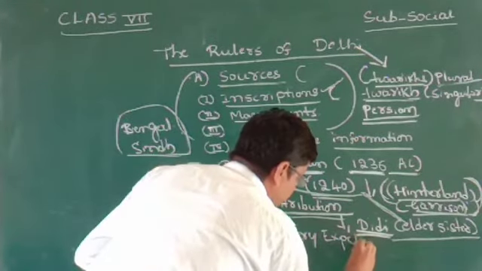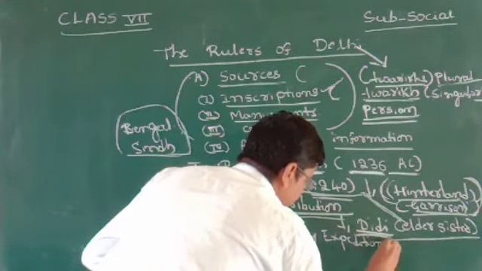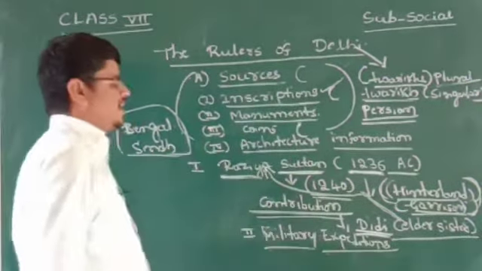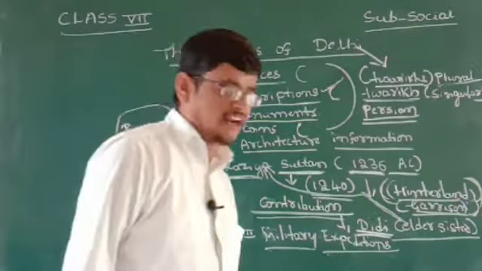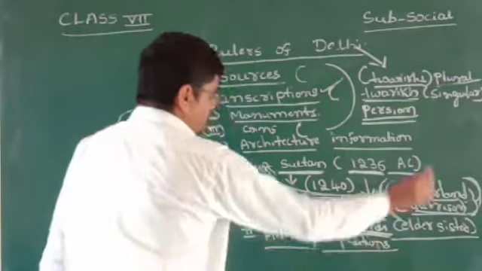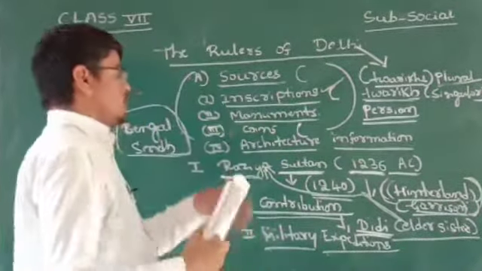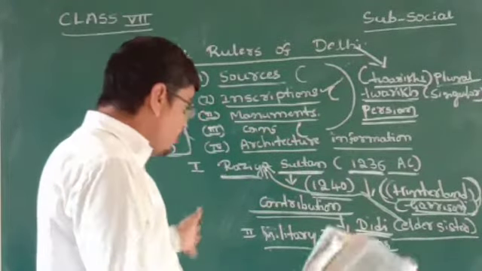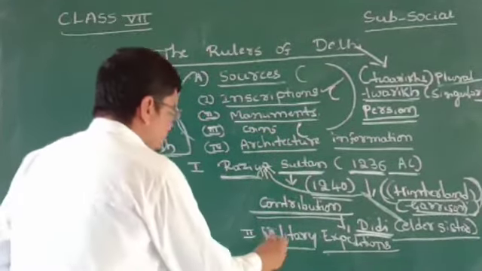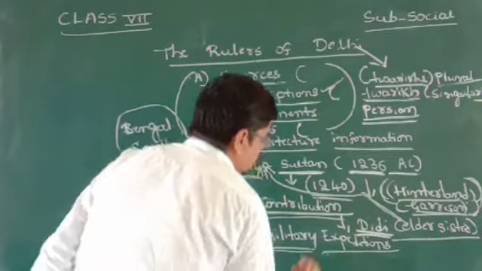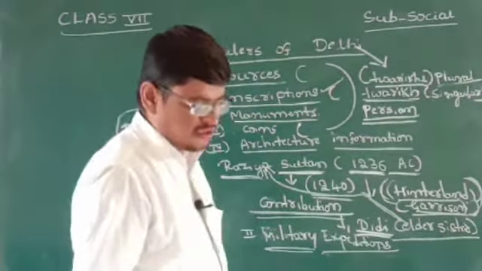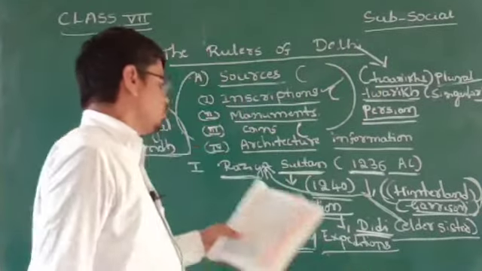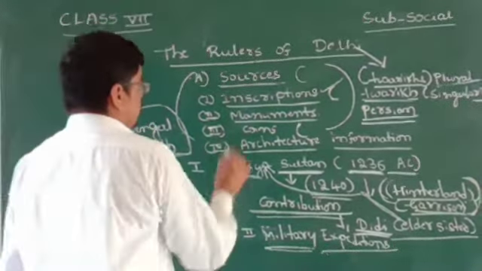Expeditions are, I can say, the symbol of achievement. Expedition means war. They were going to raid other sectors like Bengal, Sindh, and neighbor sectors with a strong military force. Strong military force means they were expecting salary from the king, whoever became king of Delhi.